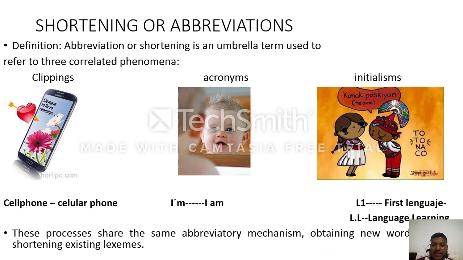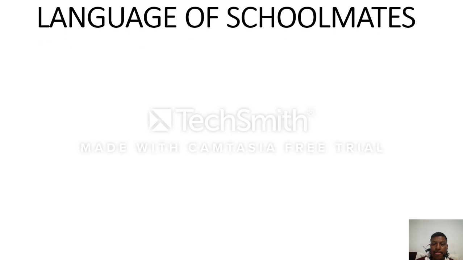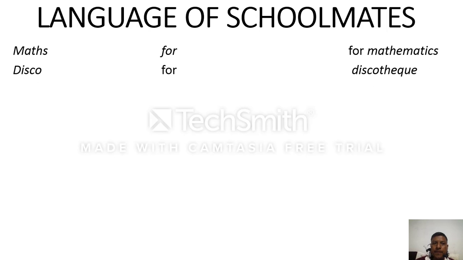In this process, abbreviation is a mechanism to obtain different words in relation to other words, languages, schoolmates. Nowadays, for social people, there are many abbreviations. For example, in school we have different abbreviations.